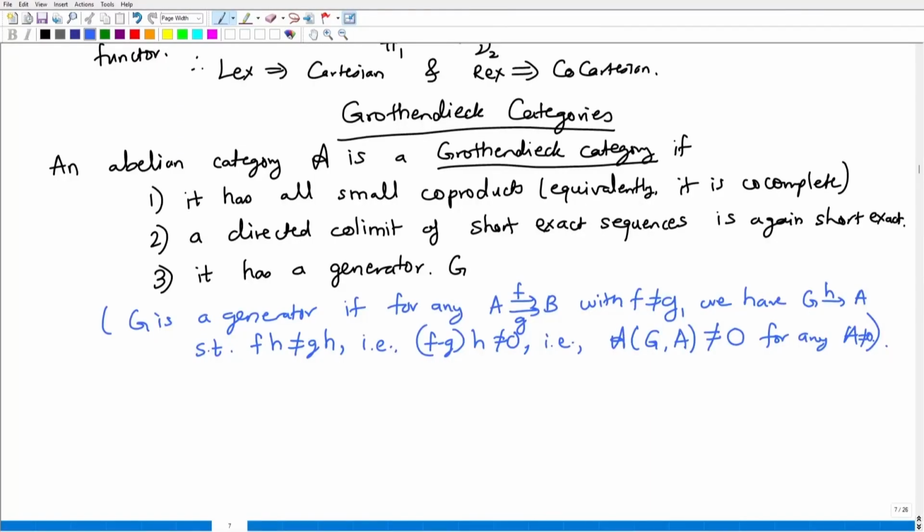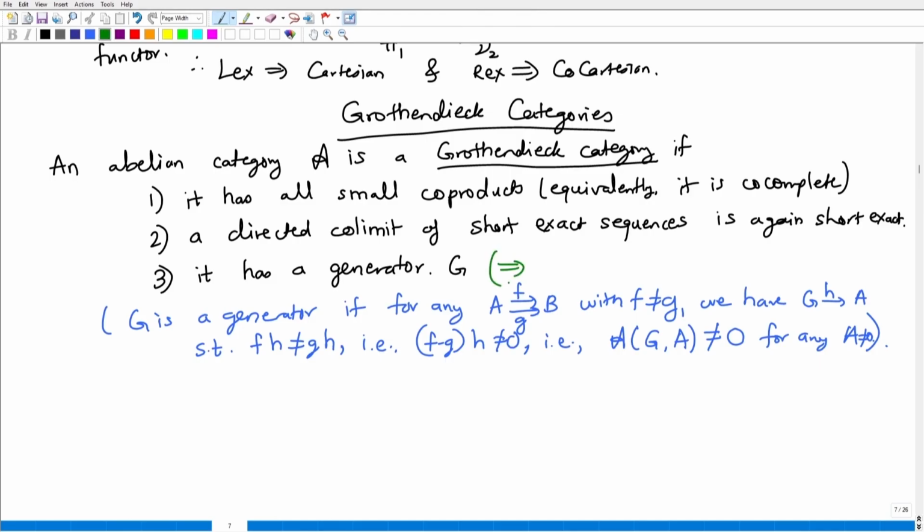See, what is the main point of number 3 here? It has a generator, which means every single abelian group can be written as a quotient of a huge direct sum of copies of Z. So the same thing I can write down here also.